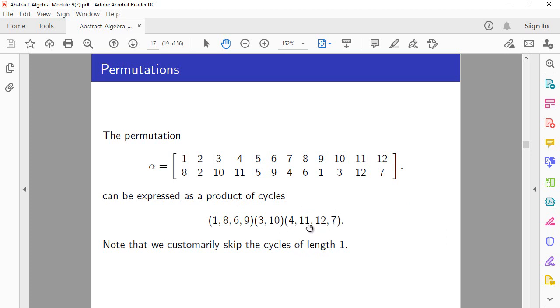Well, 1 doesn't appear here either, so 1 goes to 1 by this one. Well, finally, this one moves 1 to 8. So this product moves 1 to 8. So that's exactly what alpha is doing. So you can check one by one that this product is the same as alpha.